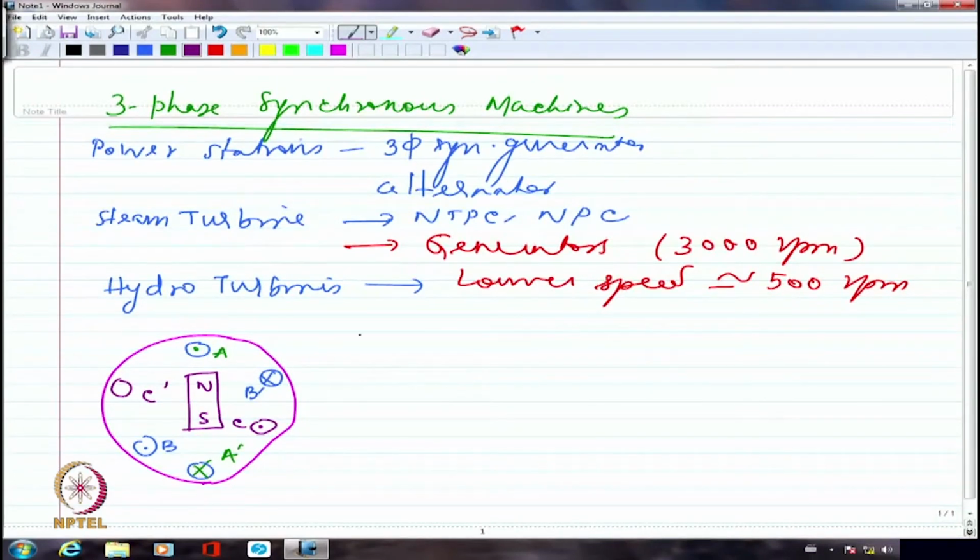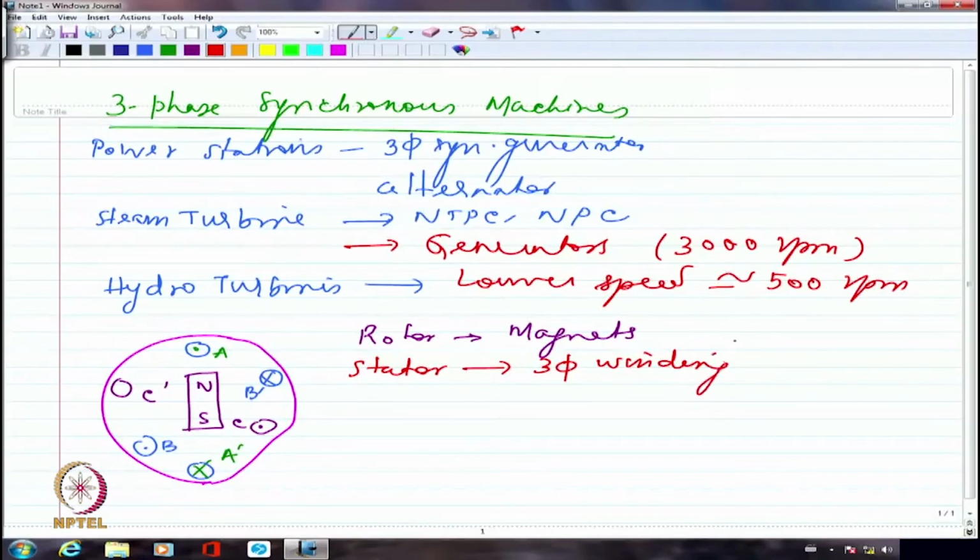So the rotor will consist of magnets, maybe electromagnet, maybe permanent magnet, whereas I am going to have the stator having the three-phase winding. So the rotor will house the field system, whereas I am going to have this as the armature. The stator is going to consist of the armature normally. That is the way I am going to have the structure.